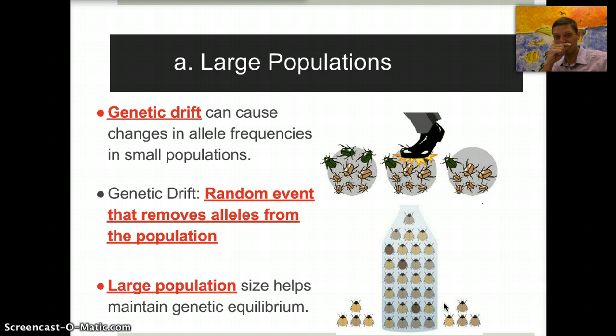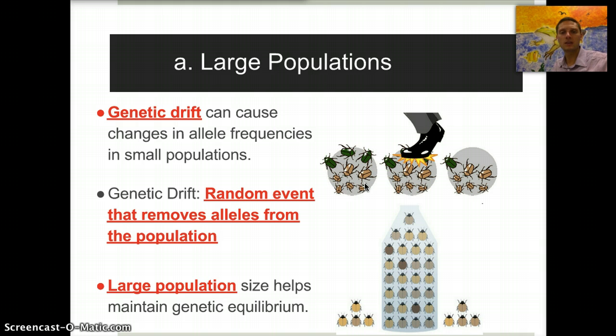For large populations, there needs to be a large number of individuals within a population. It's pretty straightforward. The reason for that is because a couple of different things could really affect the overall population, for example, something called genetic drift. Genetic drift can cause a change in allele frequencies in small populations. For example, let's say that we have a population of beetles, and we have some different color alleles, the color of the body, that particular trait.